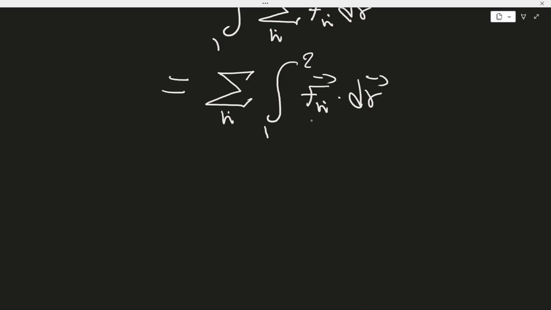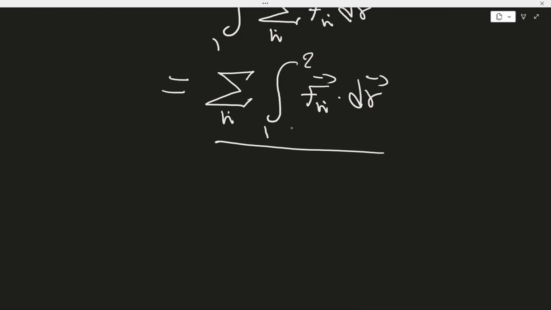If we have more than one force, we have to use this equation. That means we have to evaluate each F dot dr for each force, and then finally sum all the work values so that we can get the total change in kinetic energy of the system. That was my first point.